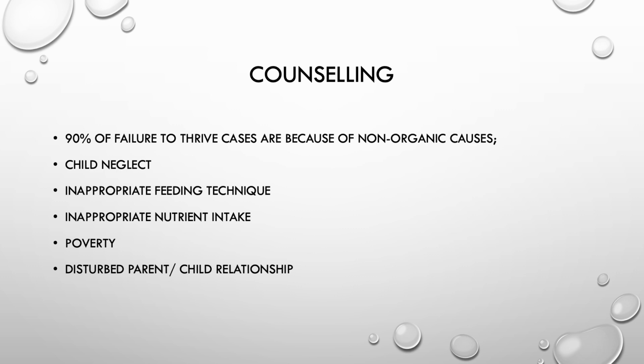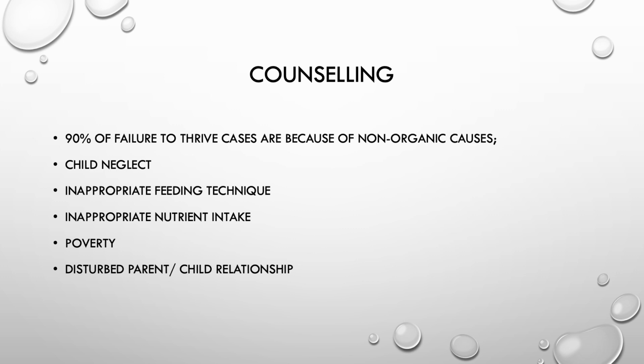Now you've gotten your history from the patient, you now want to talk to the patient. So 90% of the time, failure to thrive cases are as a result of non-organic causes. Common ones are child neglect, like I earlier mentioned, and inappropriate feeding technique. This usually is for younger children who are still maybe breastfeeding or bottle feeding.